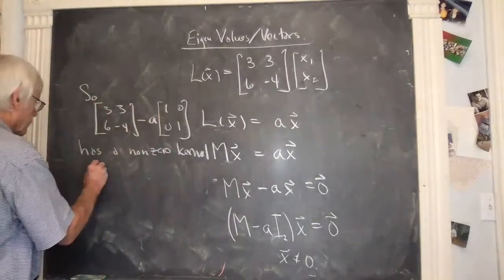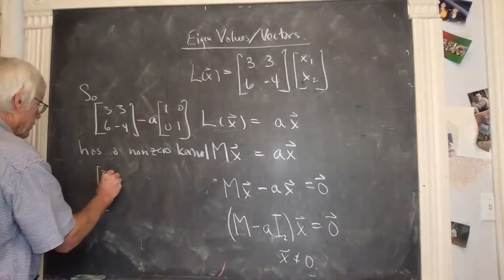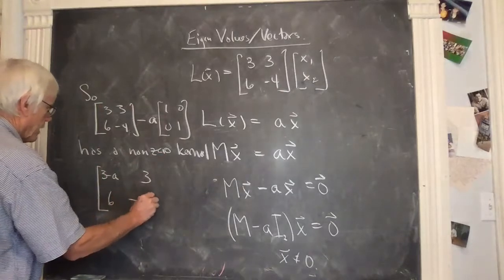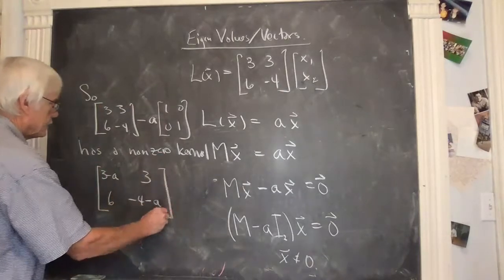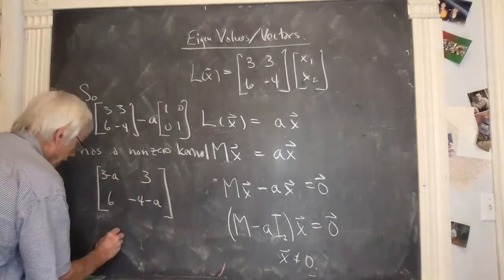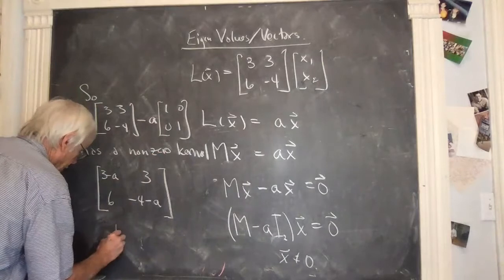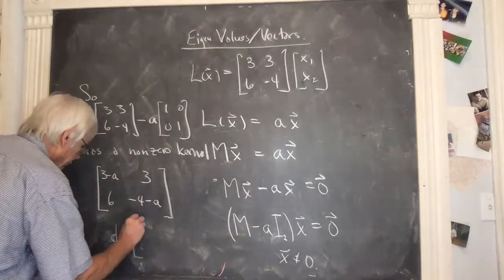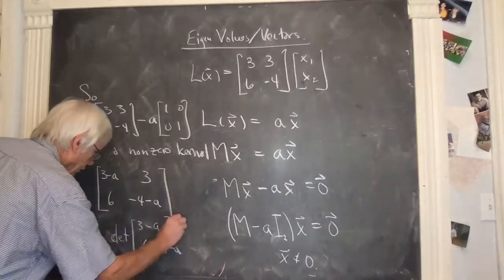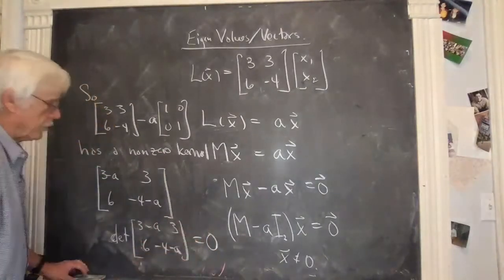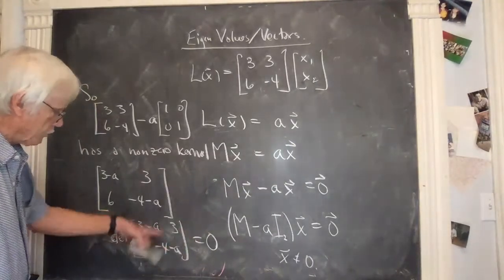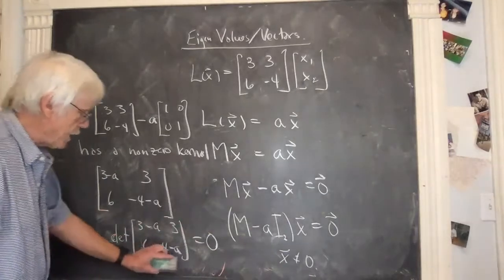Let's subtract these first of all: 3 minus A, 3, 6, minus 4 minus A. And we want this to have a non-zero kernel. The key here is the determinant of this is going to be 0 if it has a non-zero kernel. That is, you want to rig up A so that these columns or rows are linearly dependent.